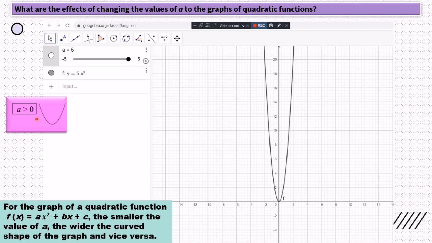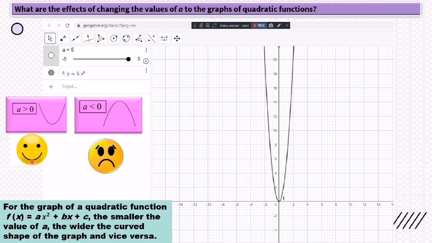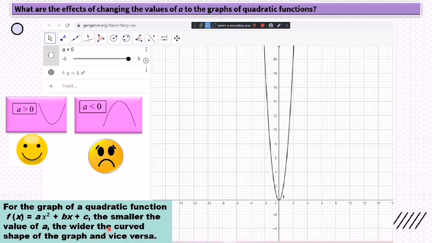When a is greater than 0, the graph looks like a smiling face, whereas when a is less than 0, the graph looks like a sad face. Besides that, for the graph of a quadratic function, the smaller the value of a, the wider the curved shape of the graph, and vice versa.